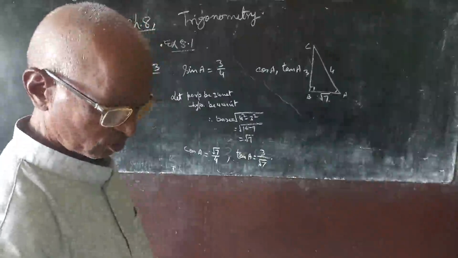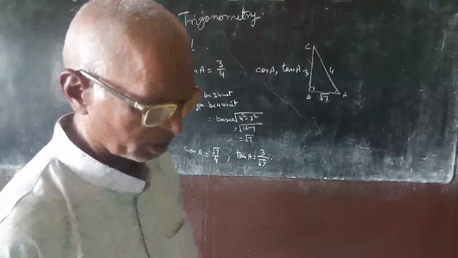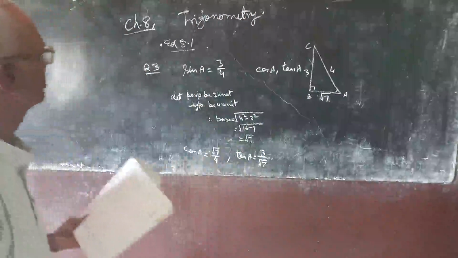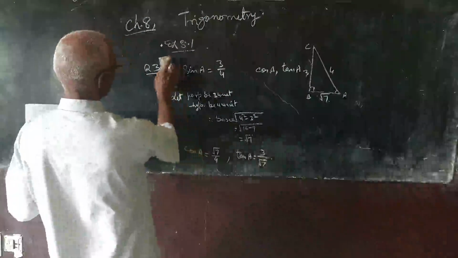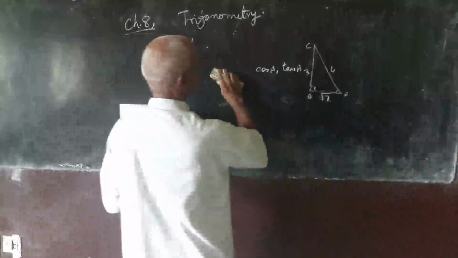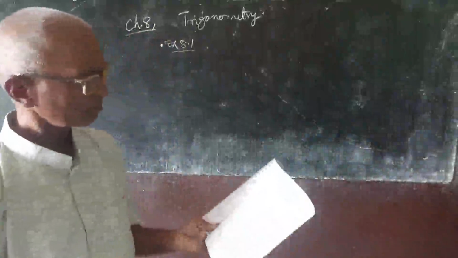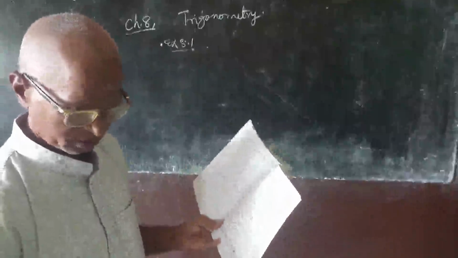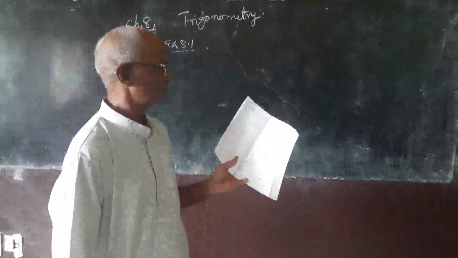Likewise, so this is question number 3 of this exercise. Now try to learn the formulae which I have given you by heart. Then you can understand the trick of the solution of the questions which I am doing here.